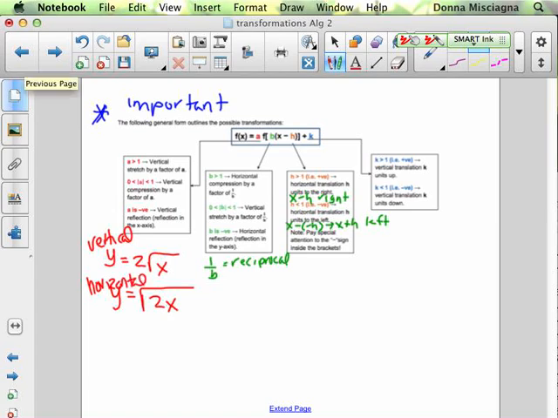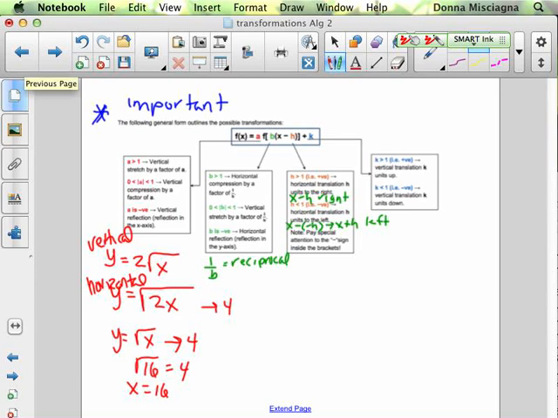So now, let's think. If we have the parent graph, y equals the square root of x, and I want to get to 4, well, the square root of 16 equals 4. X has to be 16. But what if I have y equals the square root of 2 times x? And I want to get to 4 again.